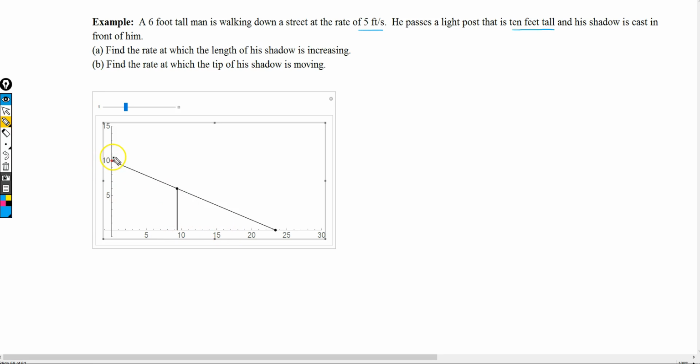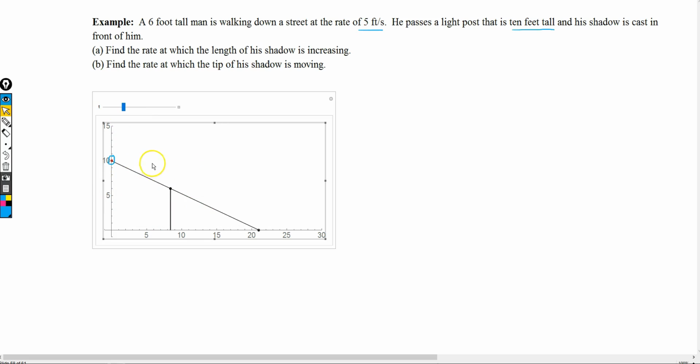Our lamp post is right here, the y-axis, and right there's the light. As he walks down the street, you see he is casting a shadow in front of him, and he just keeps walking down the street like that.